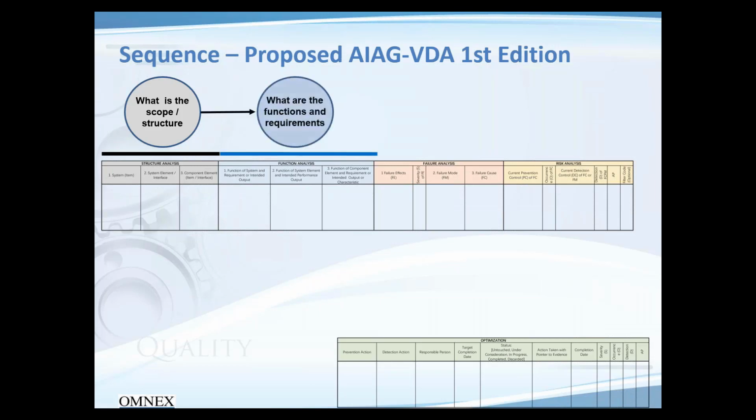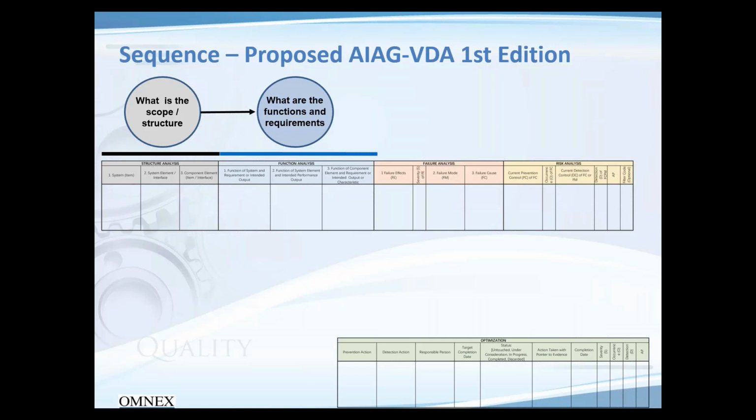And then you do the functions and requirements. Now, you'll hear terminology like function net or function sequence. What it basically is talking about here is that you're trying to capture what the overall system function is, what the subsystem function is, and what the component function is, and how they're tied together.